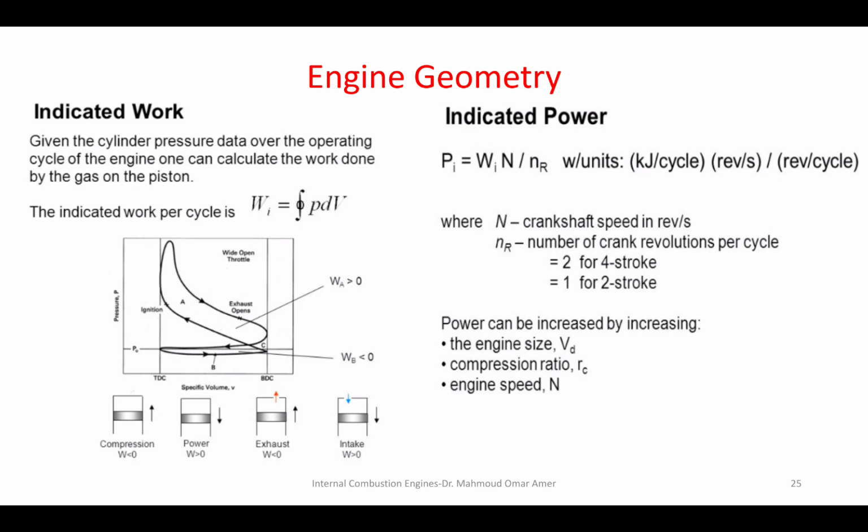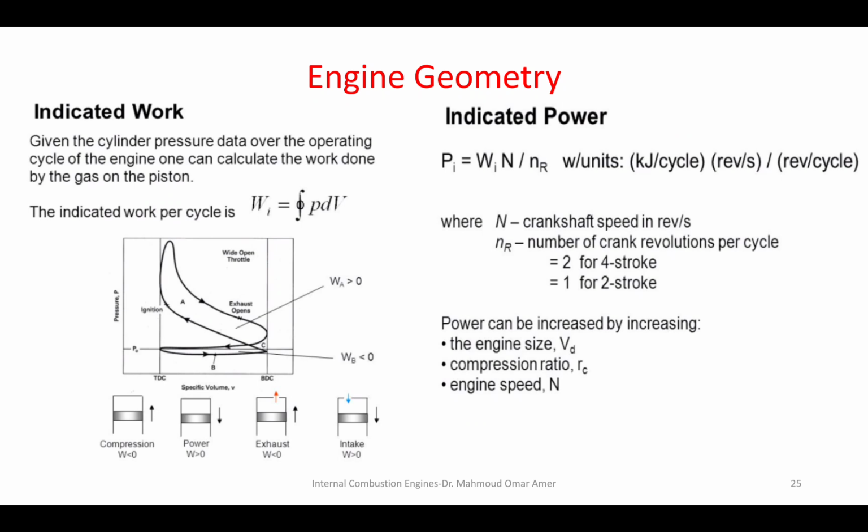So how do you get the cycles per second? The number of cycles per second depends on two things: the RPM and the configuration of the engine. Is it 2 strokes or 4 strokes?